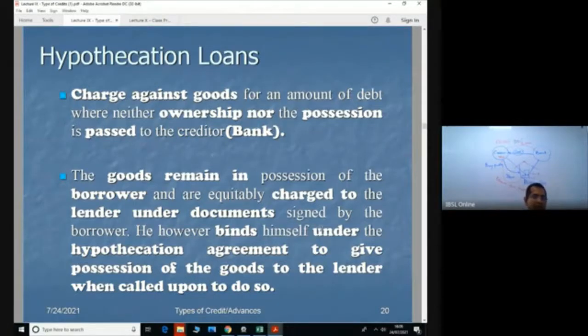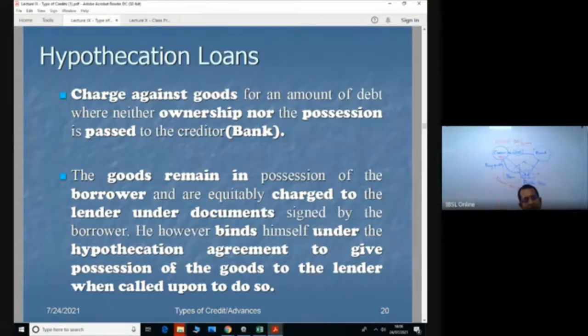Here, goods are with the customer, and ownership is also with the customer. But on documents, he agrees to return the goods whenever we ask. So it is a charge against goods for an amount of debt where neither ownership nor possession is passed to the lender. The goods remain in the possession of the borrower and are equitably charged to the lender under documents.